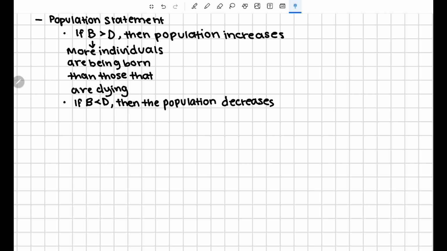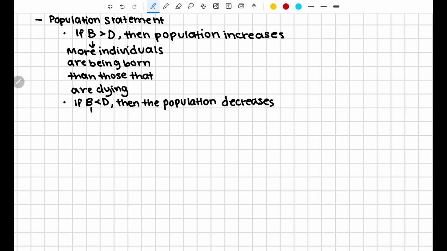Let's switch up the hypothesis now. Now we're saying that if B is less than D, then the population decreases. So this means that our death rate is greater than our birth rate, or our birth rate is less than our death rate.